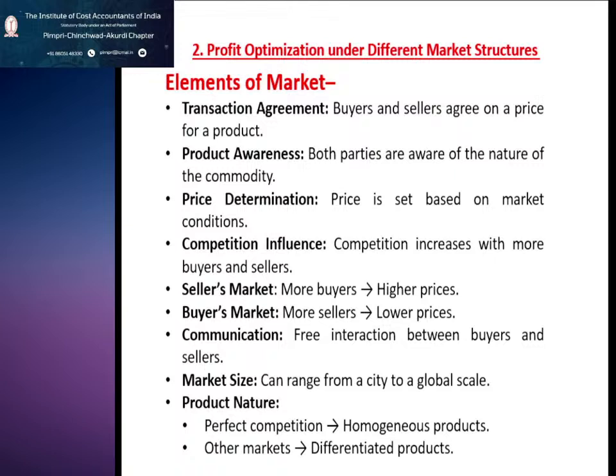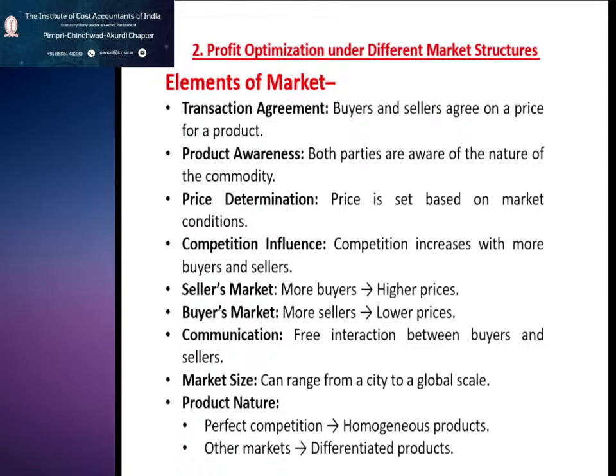Market size will range from a city to a global scale also. And product nature, so perfect competition is always about homogeneous products, and other markets have a marketplace for differentiated products. So these are the product natures prevailing in the market structure.